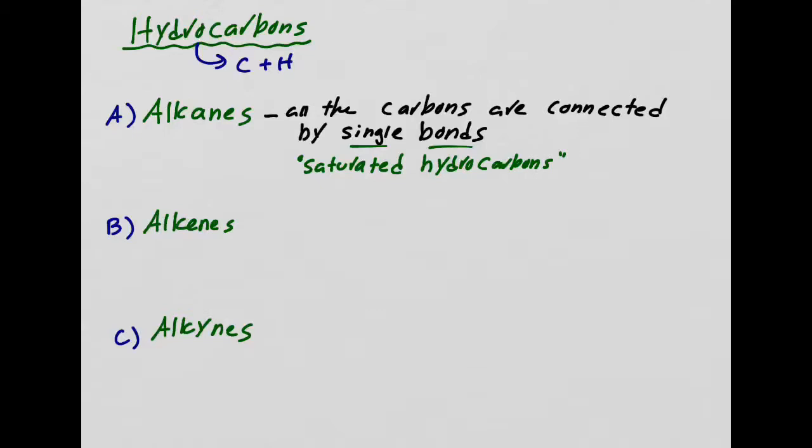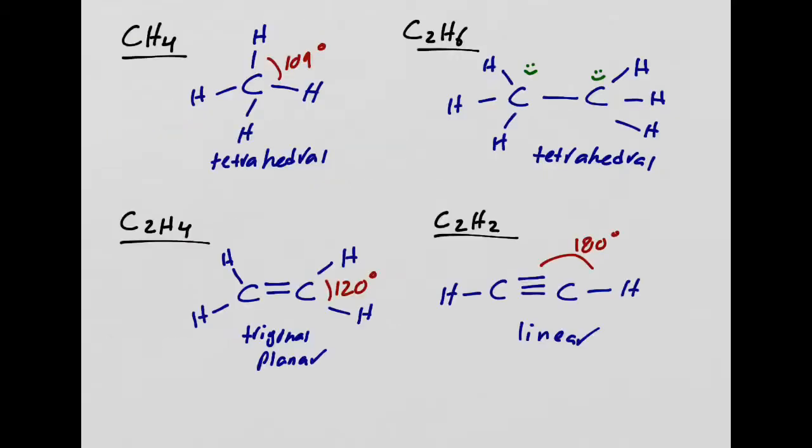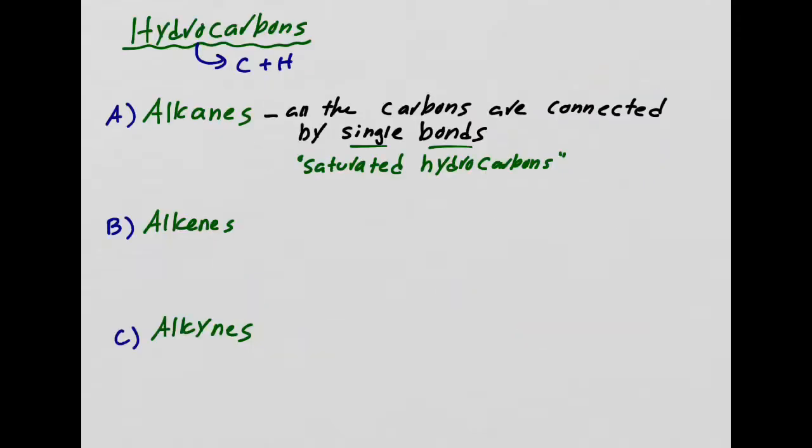Saturated fat, right? People talk about it all the time. What do you think saturated fats are? Carbons that are connected by single bonds. That's kind of cool. Again, I can be a little biased, but I think it's really, really cool. So, hydrocarbons are made from nothing but carbon and hydrogen. If the carbons are connected by single bonds only, then we call it alkane.